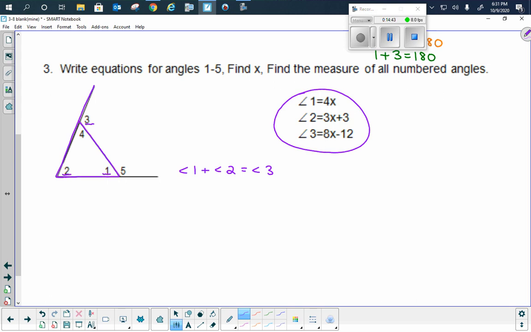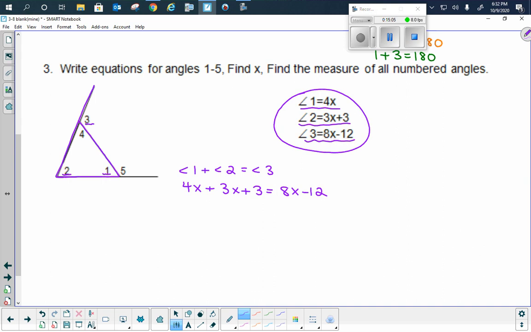So replacing angle 1 with the given 4x, and angle 2 with the given 3x plus 3, is supposed to equal the given angle 3, so 8x minus 12. I've now written my equation to be able to solve for x.